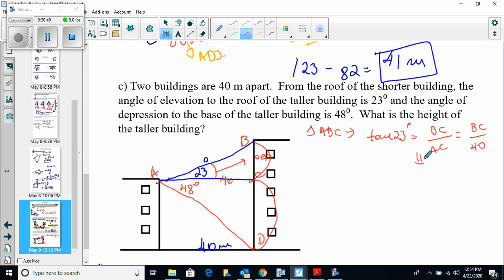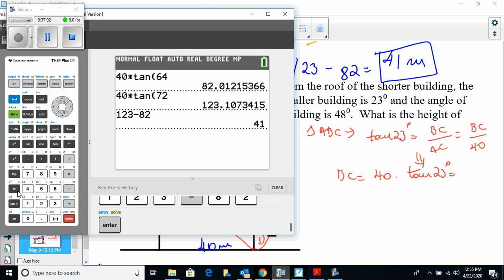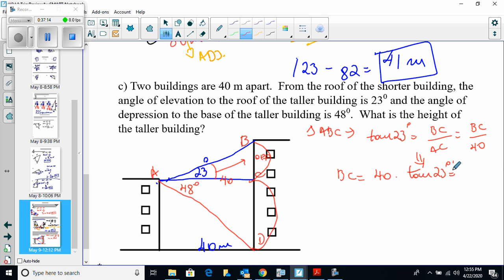From here, we find that BC is equal to 40 times tangent 23 degrees. Using your calculator, it is 16.97 meters.